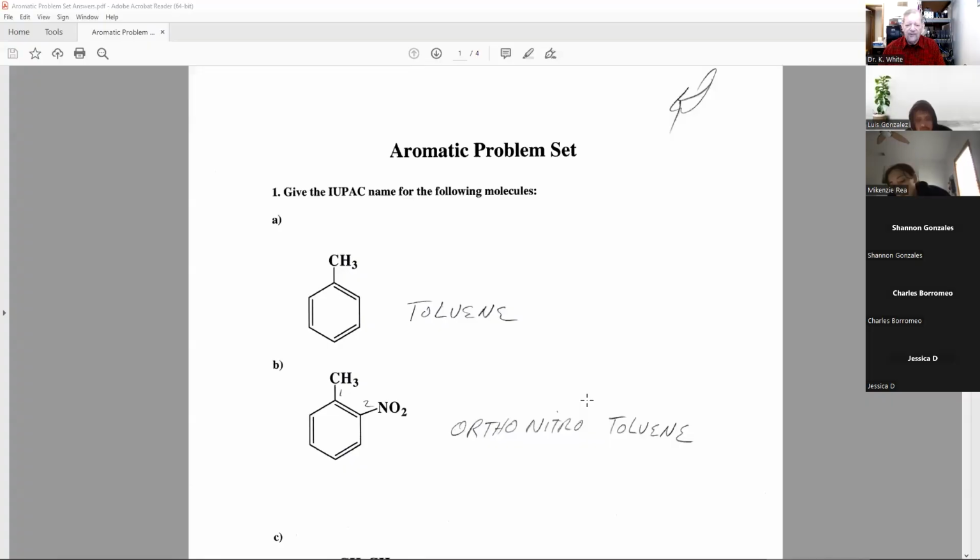All right, let's go through the aromatic problem set, which are things you should know for test number 1. And remember I said there'll be nomenclature questions or problems, and one is give the IUPAC name for the following. And if we look on our screen, a methyl group on a benzene ring is called toluene, not methylbenzene.